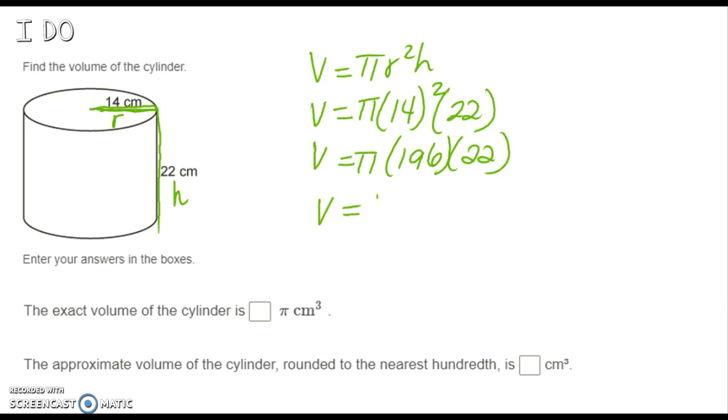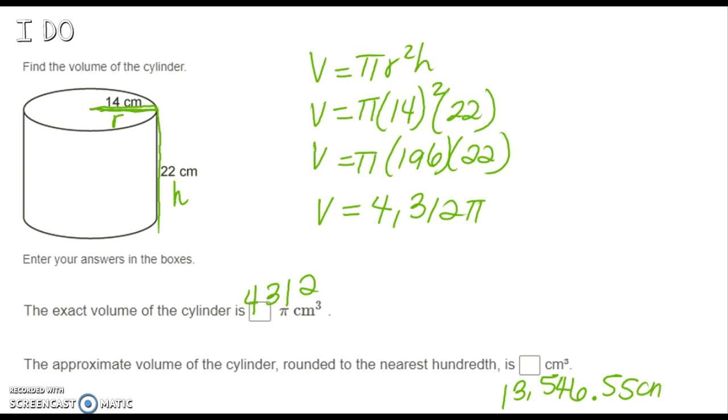My exact volume is 4,312 pi. That is quite the big number. So if I multiply that by pi, I am going to end up with a volume of this cylinder that is 13,546.55 centimeters cubed.